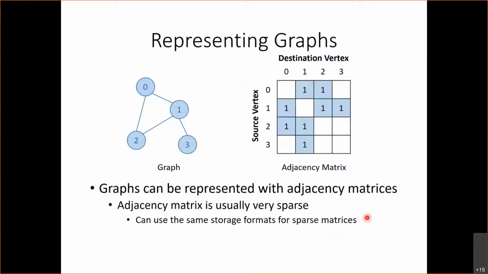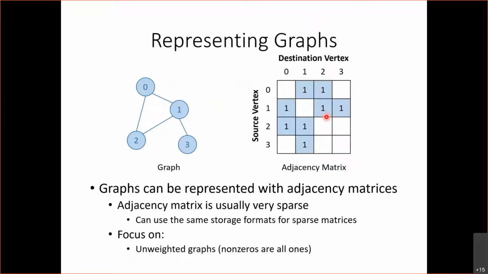Now, what we're going to focus on in today's lecture, just to keep things a little bit simpler, is unweighted graphs. Since the graphs are unweighted, all the values inside of this adjacency matrix are going to be 1, so we're not going to need to store them. We just care about whether there's a 0 or a non-zero.